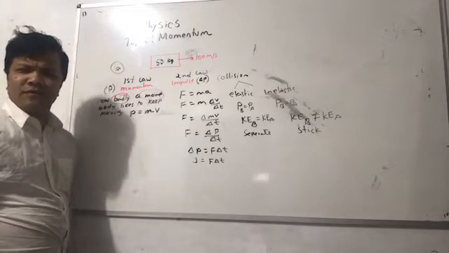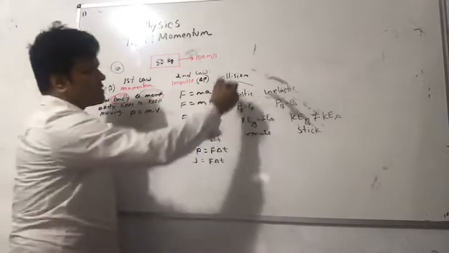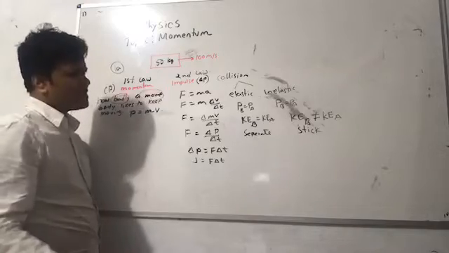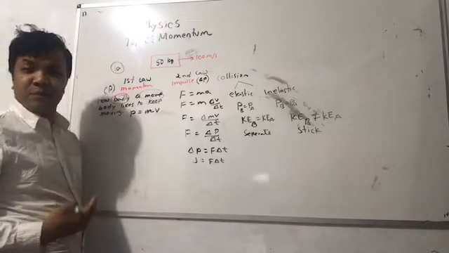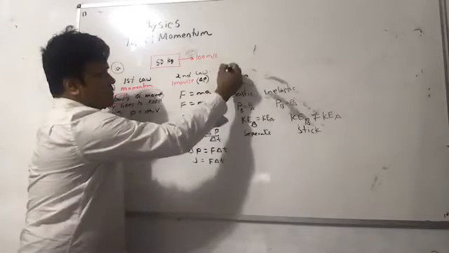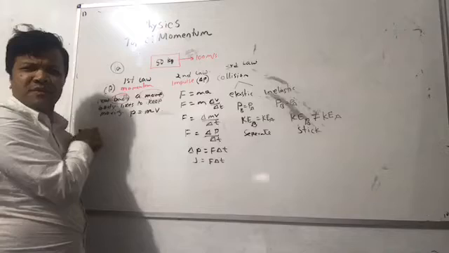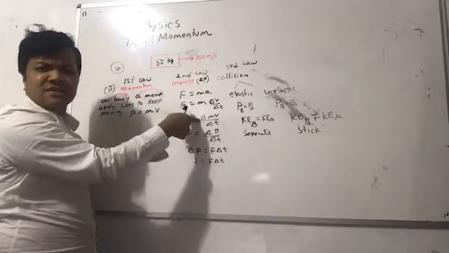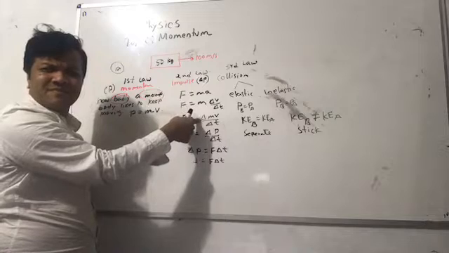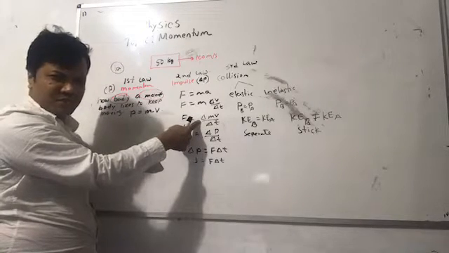The formula for collision is Newton's third law, of course. Newton's third law comes as a pair. So momentum is Newton's first law, impulse is Newton's second law, and collision is Newton's third law. So how does Newton's third law look?